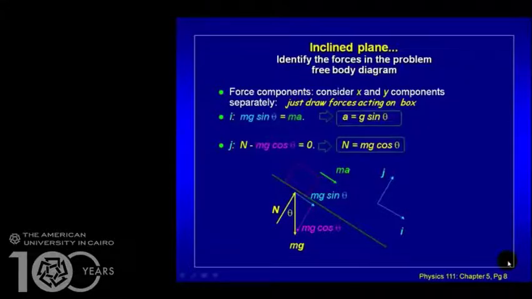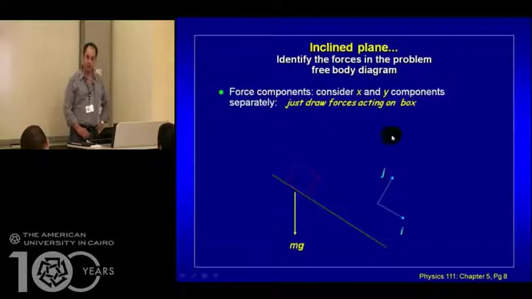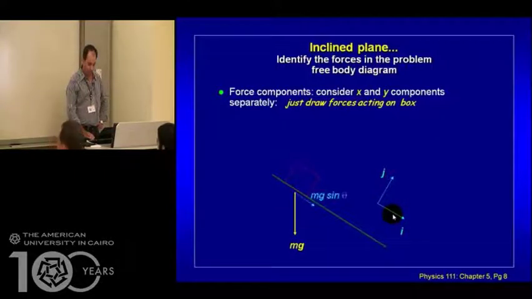So what we did is we have drawn our free body diagram, we put all the forces on, we determine our coordinate system in such a way that we have our x-axis in the direction of the motion, and we put all the forces on the free body diagram, that's mg, and we resolve mg into two components, mg sine theta along the x-axis and mg cosine theta along the y-axis.